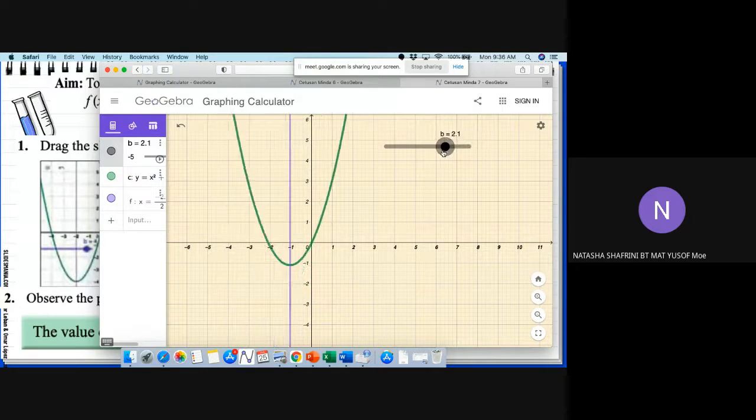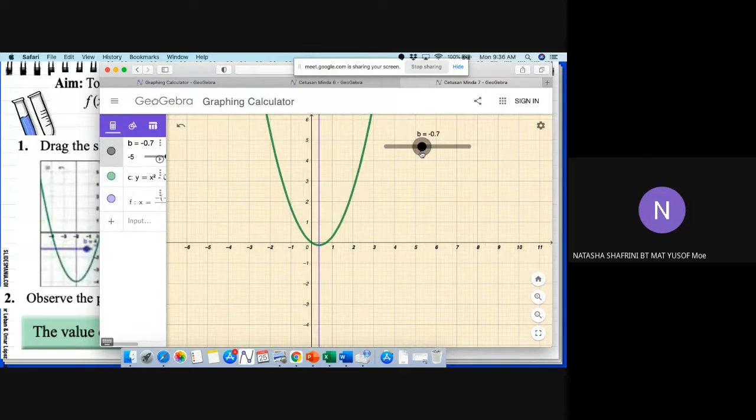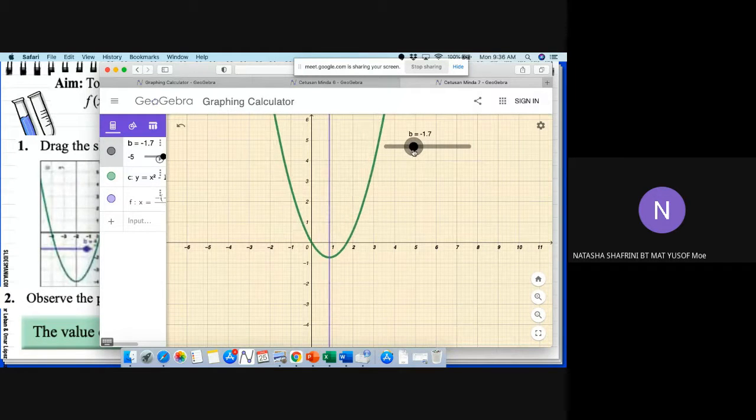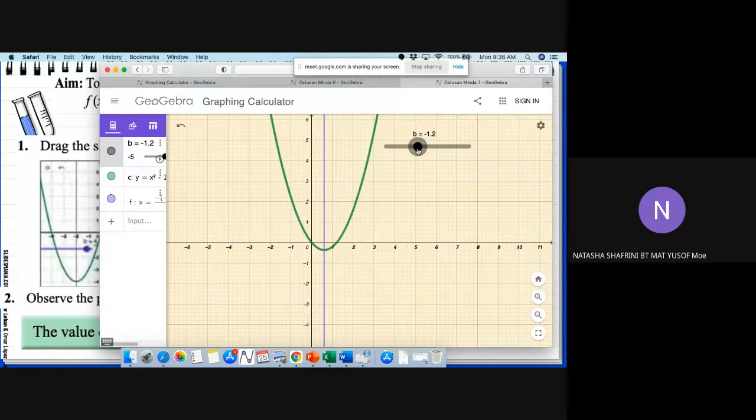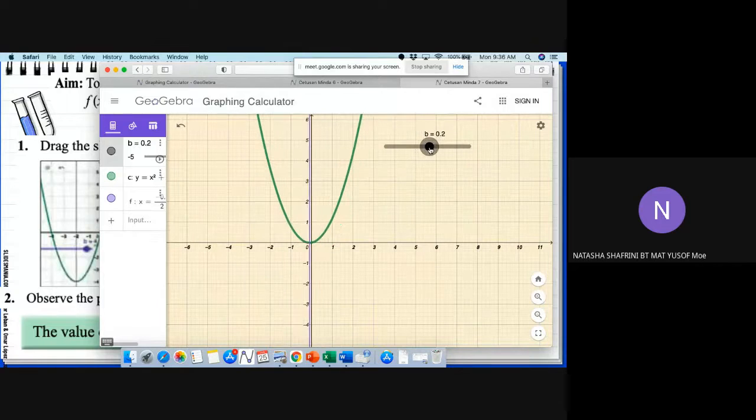Okay, so first of question, cikgu nak tanya, how about the shapes of graph? Dia punya berubah tak luas dia? Dia akan jadi lebih besar ke? Akan jadi lebih kecil ke? Berubah tak? No. No changes at the size.